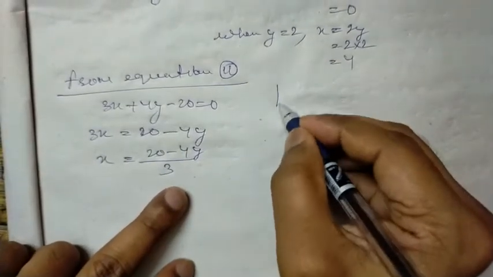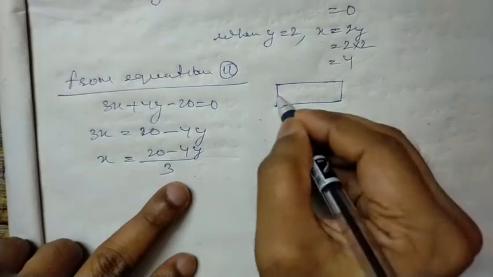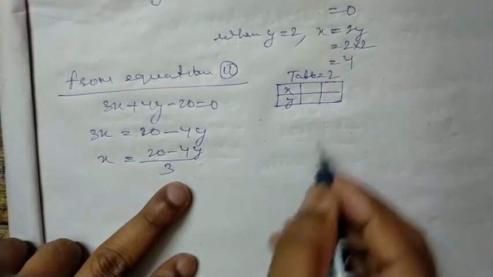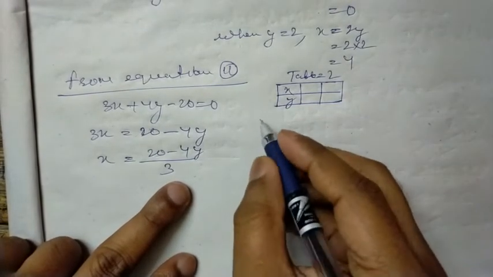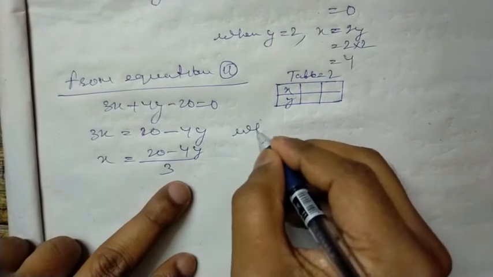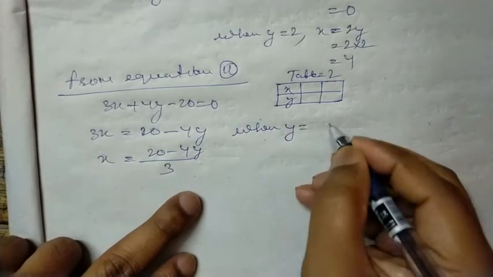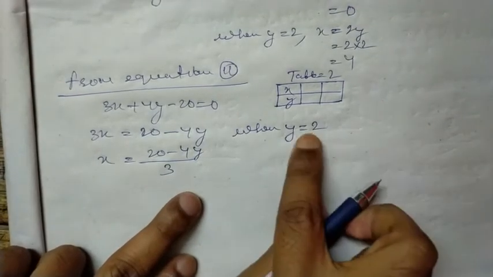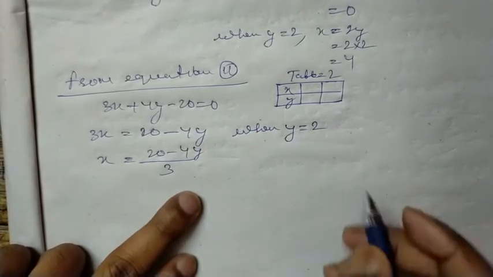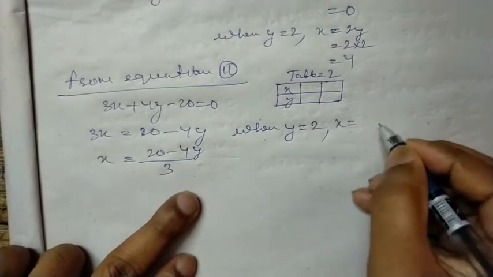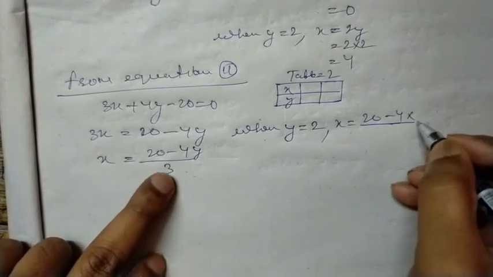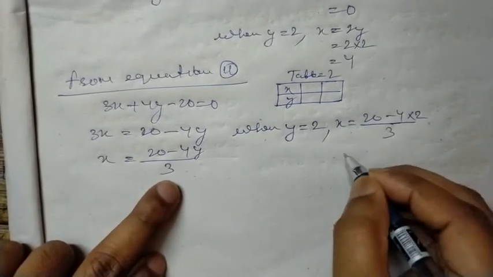So we'll make the x y table 2. When we take the value of y as 2, you can take any value, we'll get x equal to 20 minus 4 into the y value 2, divided by 3.